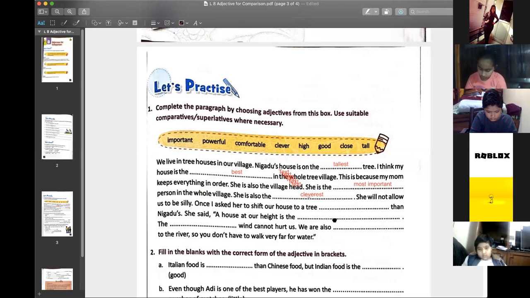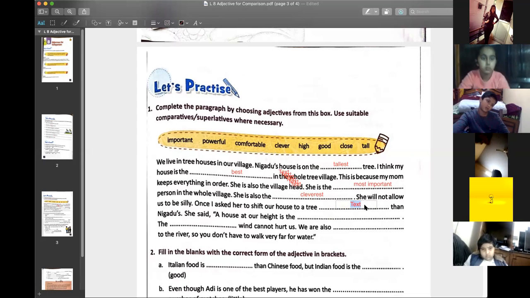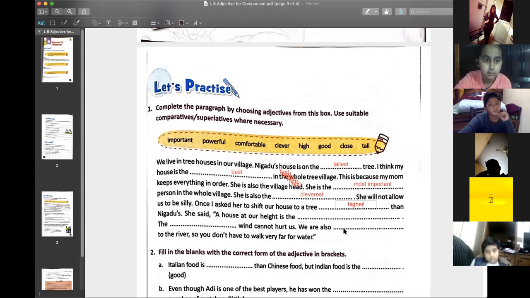Yes, correct answers. Somebody else. Children, comparison, Aditya Gerola, we are doing comparison between two. Yes, so the answer is Gunjan. Higher. She said a house at her height is the dash.